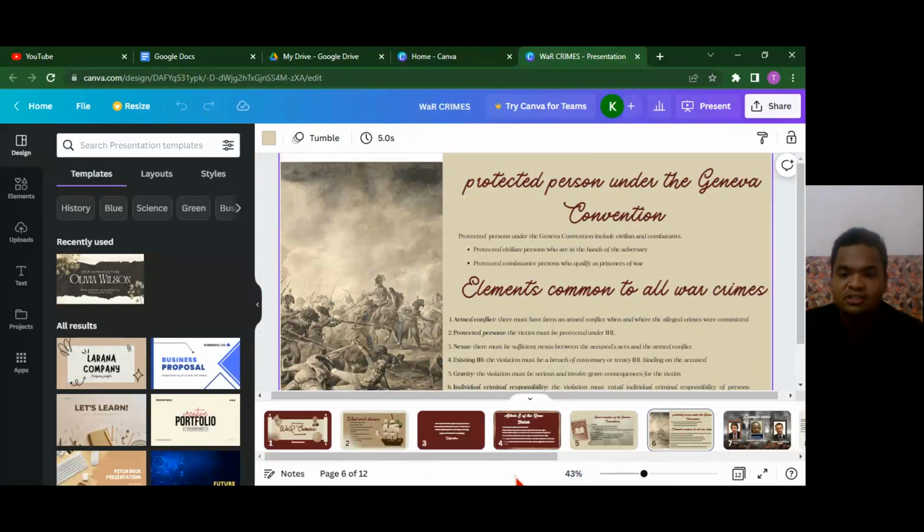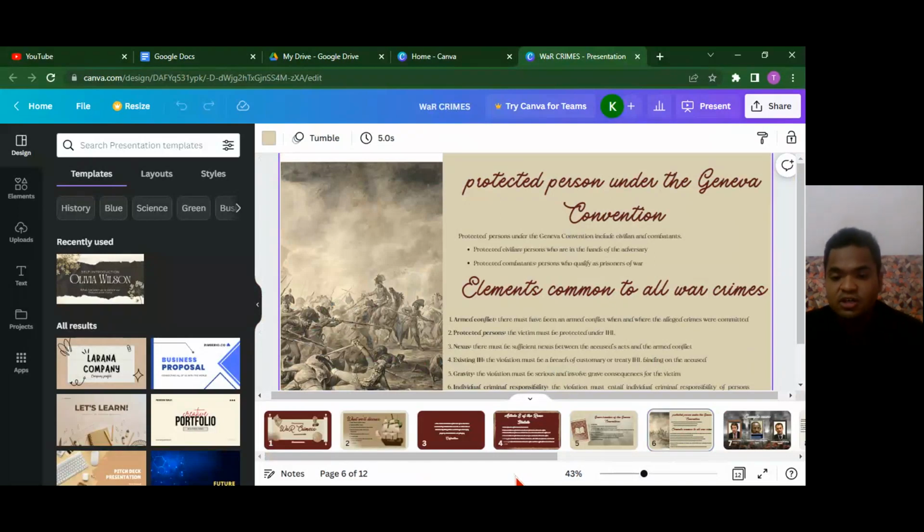The other one is protected combatants, or the hostile combatant: a soldier who is injured, an adversary who is injured or who surrenders, a person who can be qualified as a prisoner of war. Prisoners of war must be treated with care.